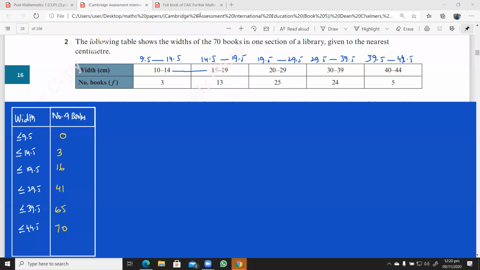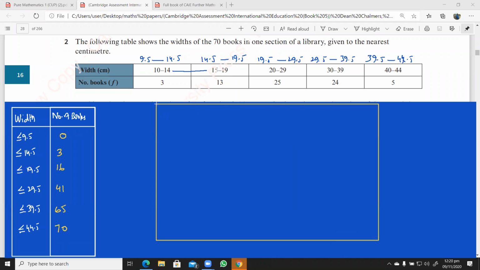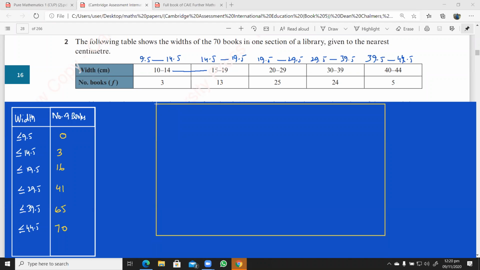Now I have to draw its curve here. So I can scale this.